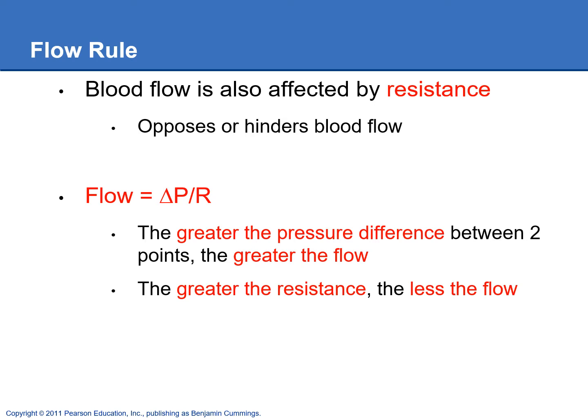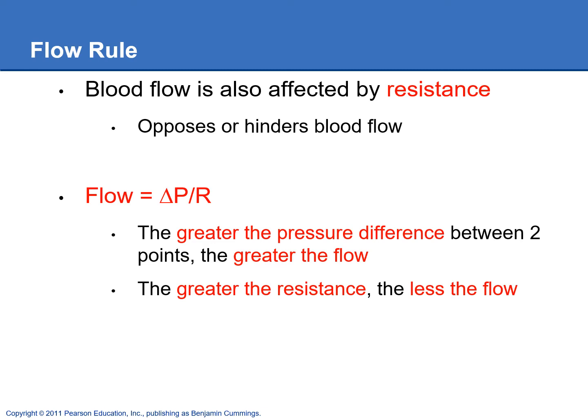The resistance to blood flow, that's an inverse relationship. So the higher the resistance, the less blood you get to flow. And the lower the resistance, the more flow you get. A good example of resistance would be drinking out of a wide straw versus a narrow straw.